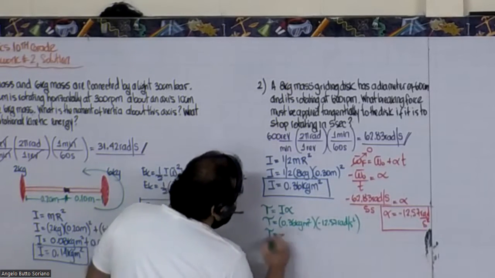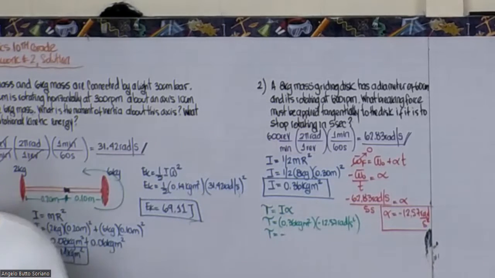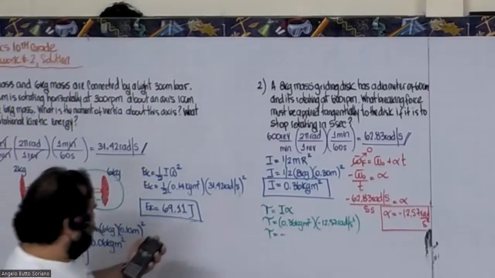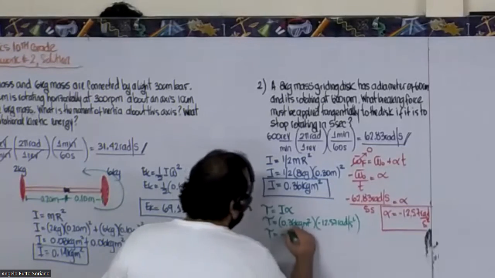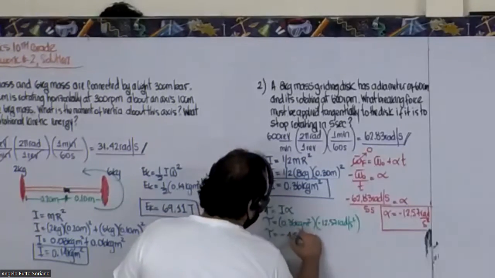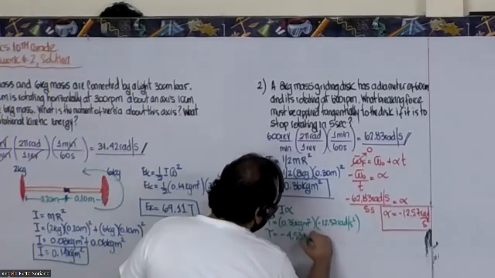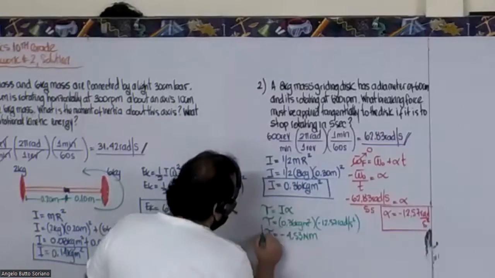So torque will be 0.36 times negative 12.57, which is negative 4.53 newton meters.